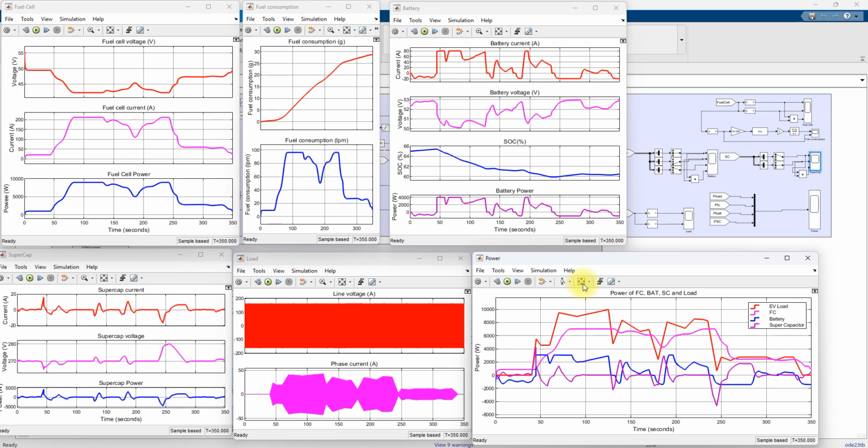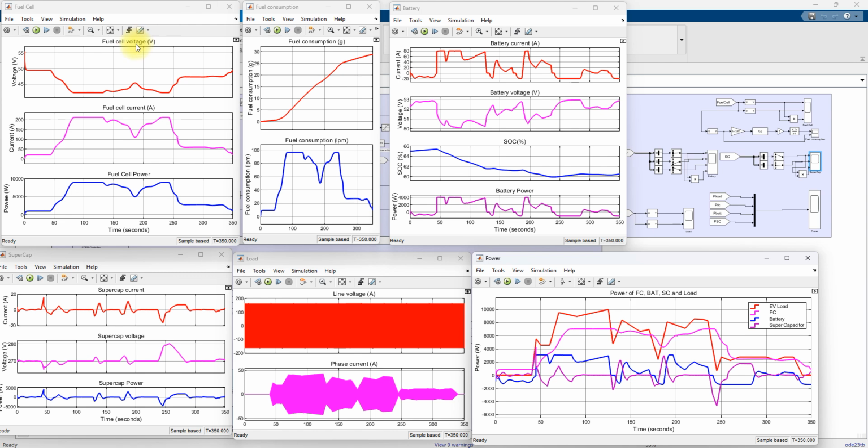You can notice here that it goes for charging, then discharging, and then comes to 0. Again it goes for charging, then discharging, and then comes to 0. The battery also charges and discharges according to the EV power demand, and also the fuel cell demand and the state machine control.